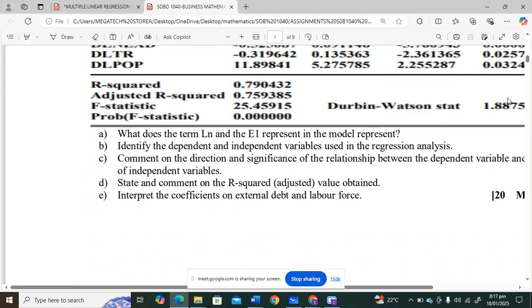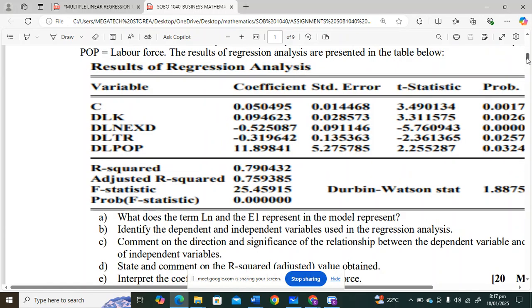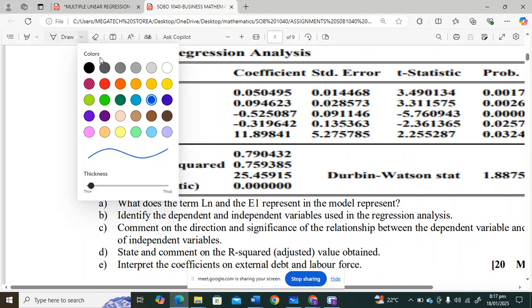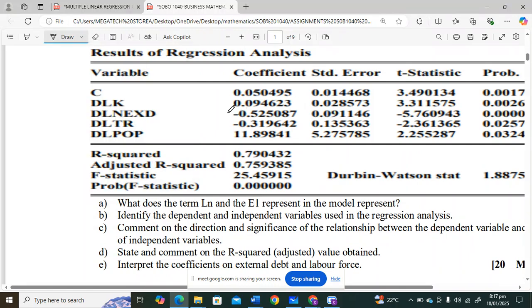Yes, where it says interpret the coefficients of external debt and labor force. So as I said, if we go to external debt, this is our coefficient. What this is telling us is that if external debt increases by 1 unit or 1%, GDP is going to reduce by 0.525%.